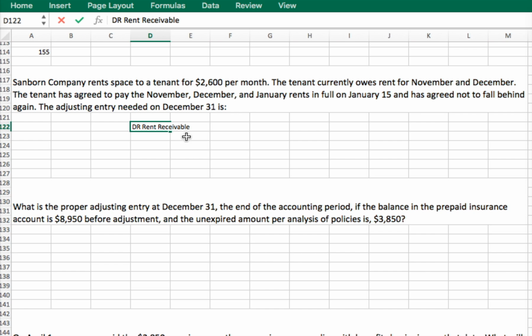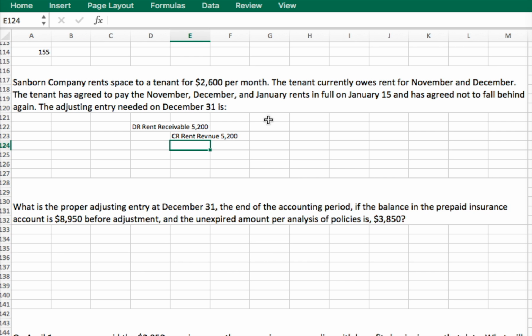Two months' worth at $2,600 per month, so $5,200. And the credit side could be just revenue, or rent revenue. Whatever the case may be, it's going to be a revenue account, and it's not going to say unearned revenue. Anybody have any questions on that one?